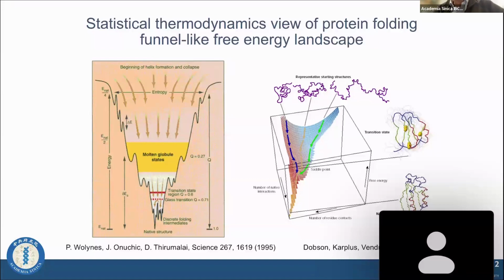And indeed, what they saw was that you can start from a random coil, meaning that there are no defined structures in the high energy state, but very quickly they will collapse into a transition state and then fine-tune the structure to fall into a well-defined native structure.